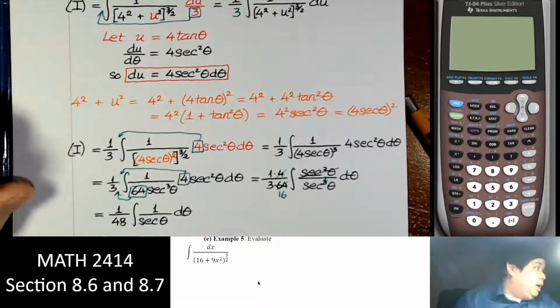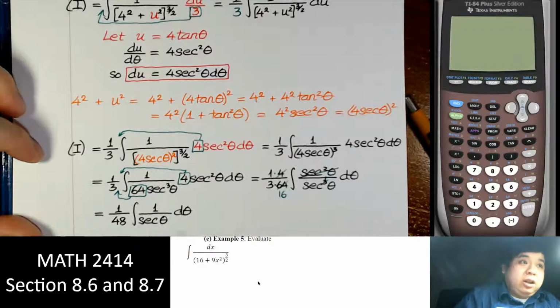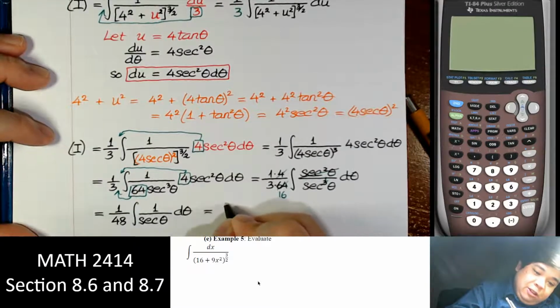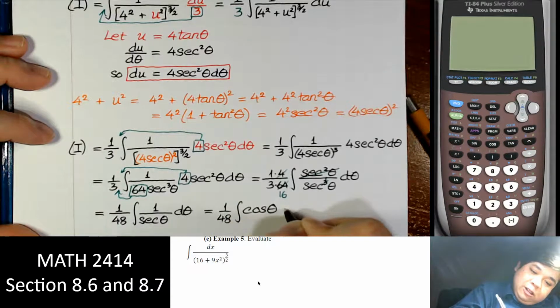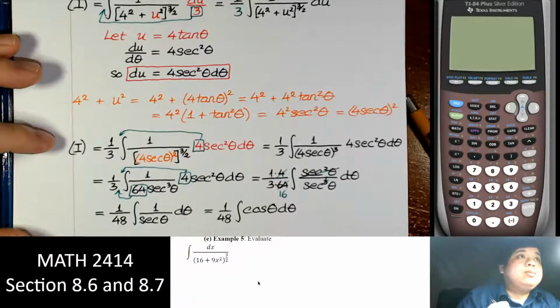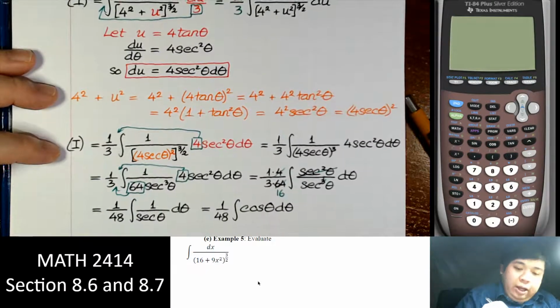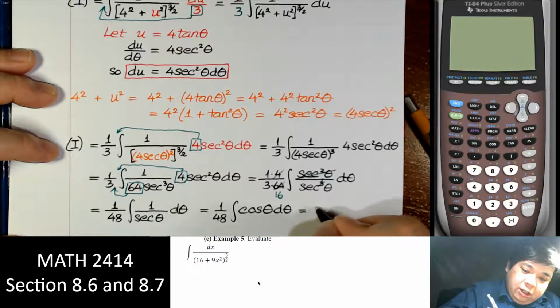Right. Now, this looks difficult, but actually very simple. Because 1 over secant is just cosine. And integral cosine is positive sine.